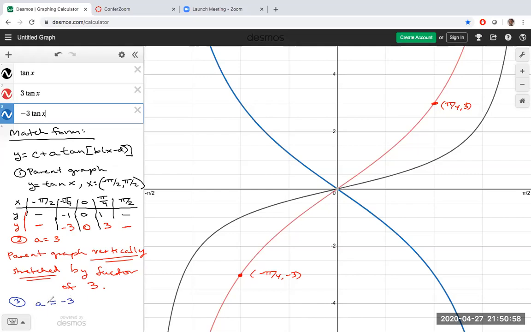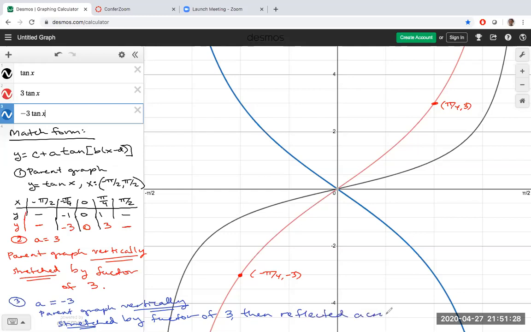Remember, the amplitude would be the absolute value of this, would be 3. But your parent graph vertically stretch by factor of 3, then reflected across x-axis. Okay, let me save that.